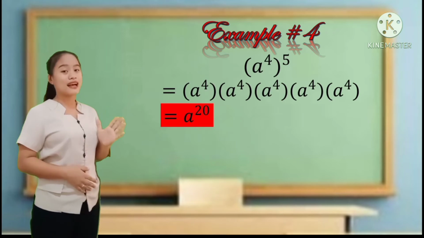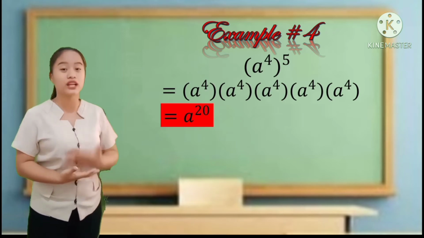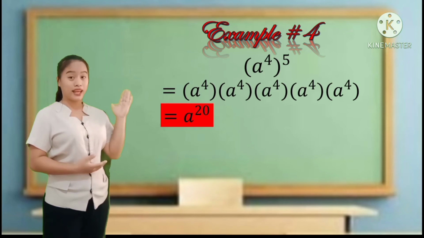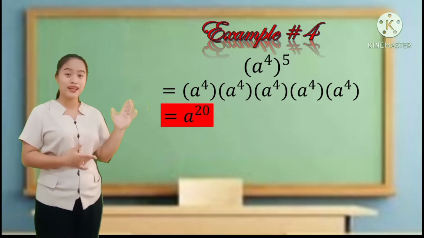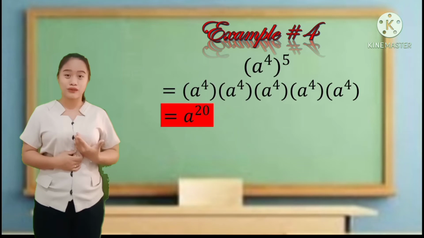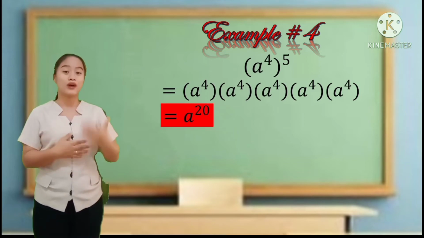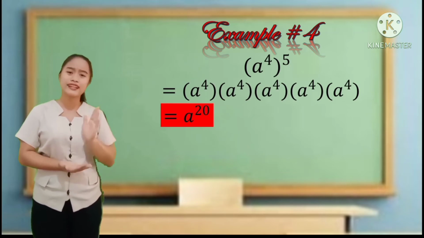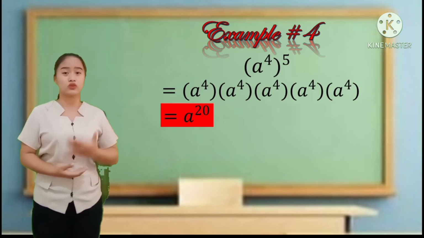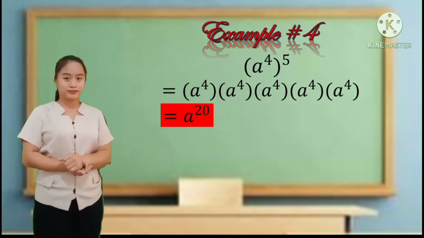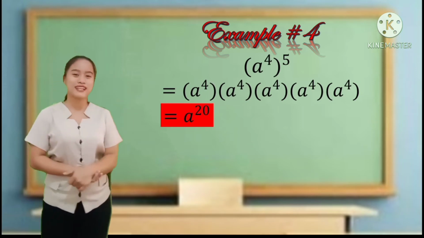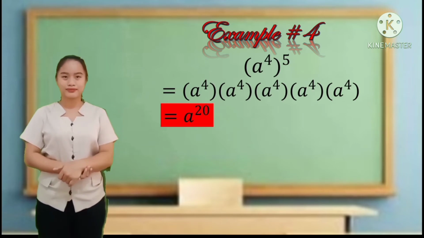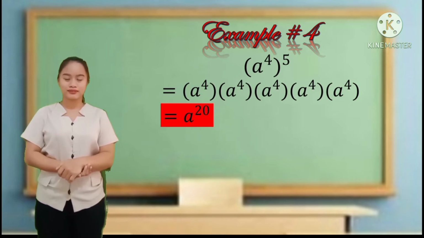Now class, I will teach you the easiest way to solve this term, a raised to 4 raised to 5. This is very easy to solve if you really listened to our discussion yesterday about the laws of exponent. So who can give me the easiest way to solve a term like this? Yes, Mr. Pineda. Ma'am, I remember that you just multiply the exponent of a, which is 4, by the exponent 5.